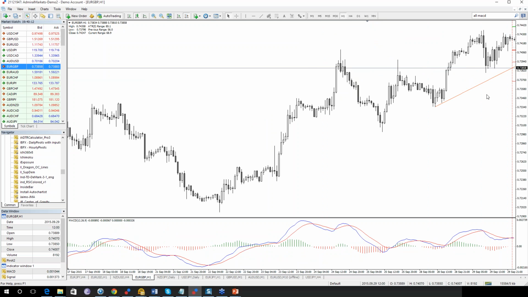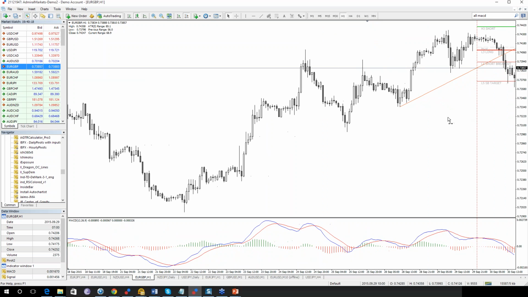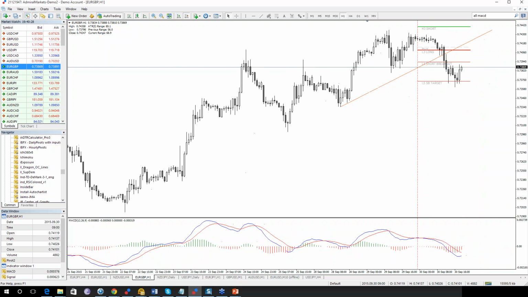At this point, this was the present. This was the past. At this point here, this was the present. So this signifies an X cross. Connect the past to present to give you the future. So actually, this is the level where the price should react.